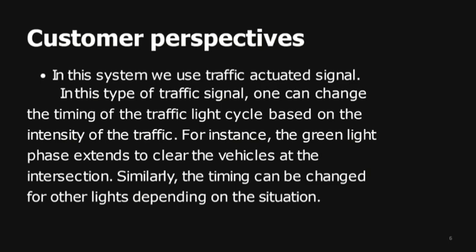Also, the timing can be changed for the other lights, depending upon the situation. At midnight, people are free to move, and except on some instructional days, the traffic light system is switched off.